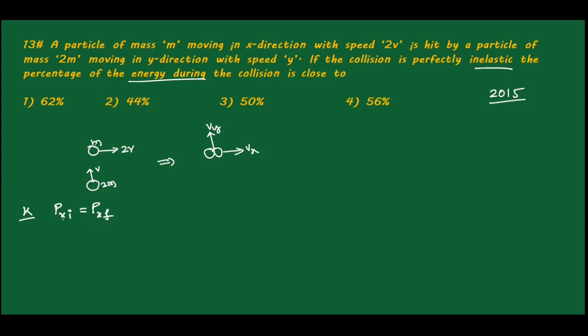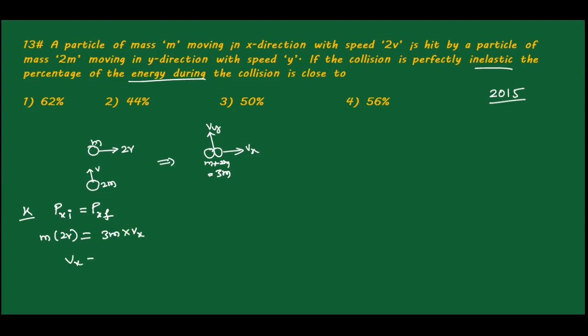So in x direction, let us take the momentum before collision, first particle, mass m with velocity 2v, and the final in x direction, where the mass is m plus 2m, that means 3m, into velocity vx.